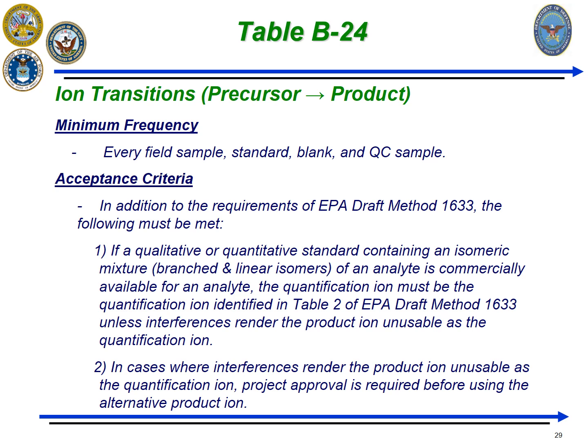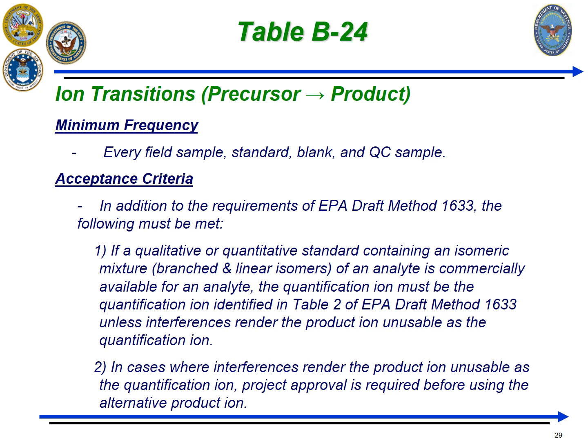The reason for this is the transition that was selected for the quant ion for these analytes is the transition that has the greatest response for those branched isomers as well as the linear isomer. So we wanted to make sure that if those branched isomers are present in a sample, they would be sufficiently quantitated.